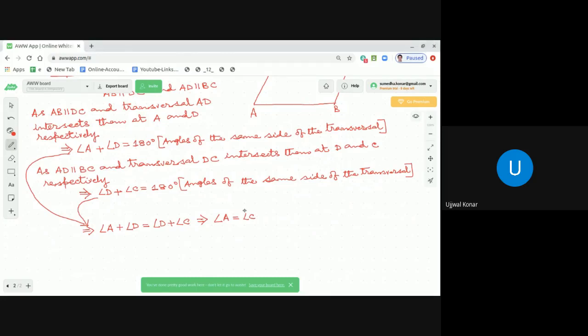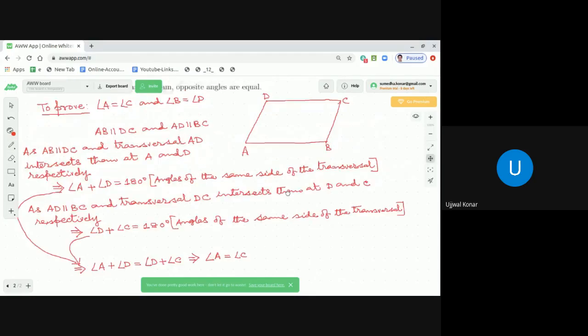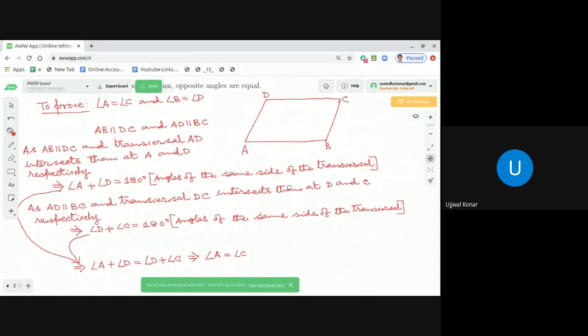Fine. So this is one proof we are able to do, that in a parallelogram opposite angles are equal, A equal to C.